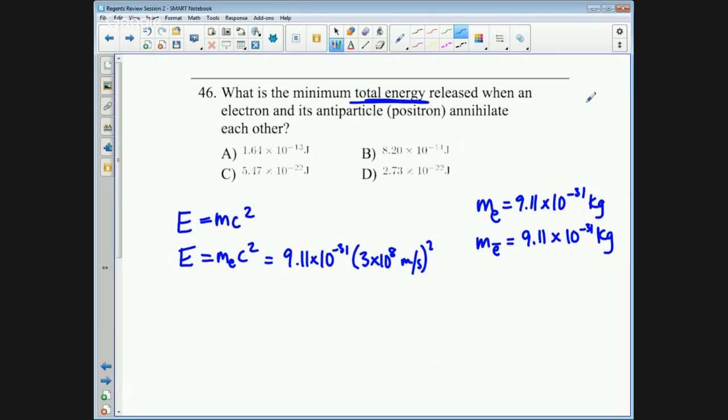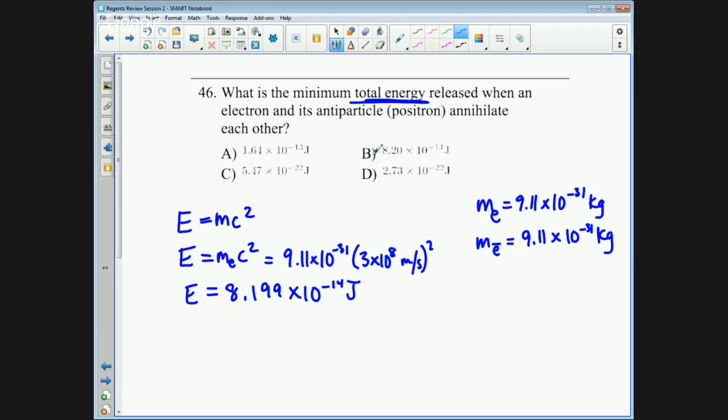Let's see what we get in the calculator: 9.11 times 10 to the negative 31 times 3 times 10 to the 8 squared. So we get E equals 8.199 times 10 to the negative 14 joules.